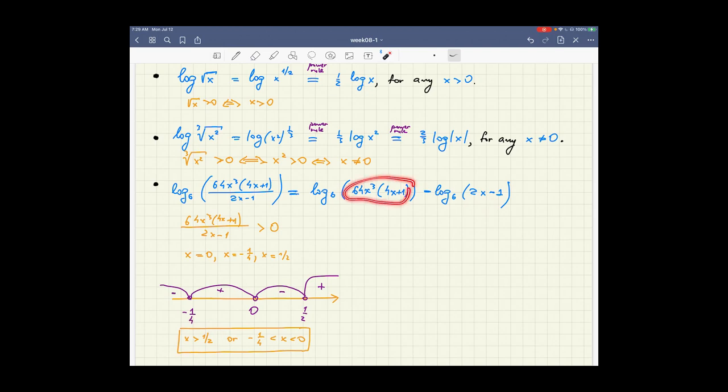How about this? Well, if x is greater than 1/2, there's something interesting going on here.